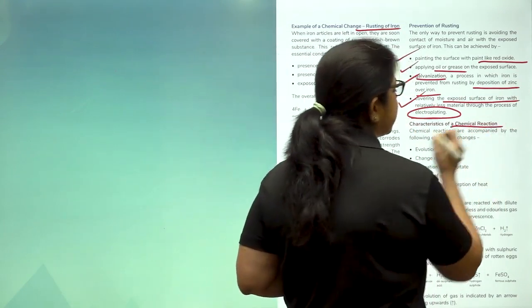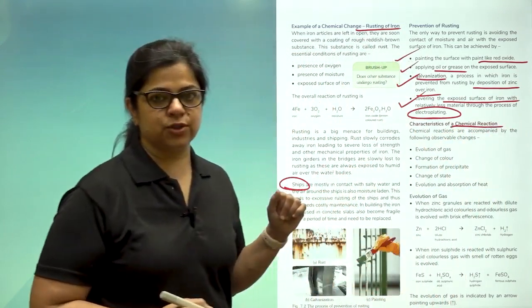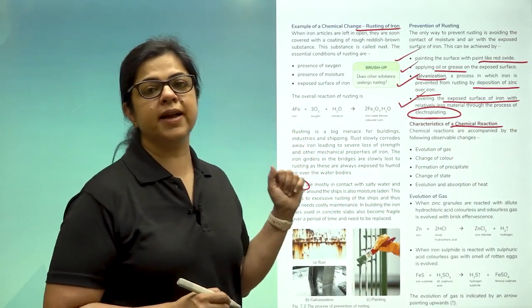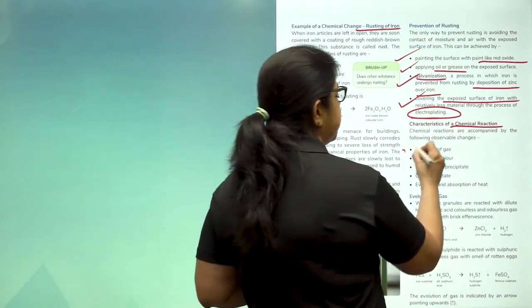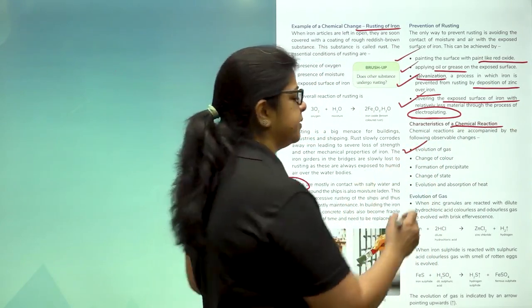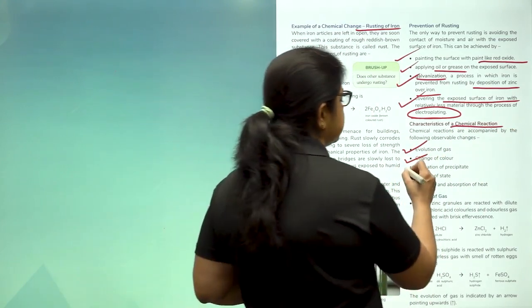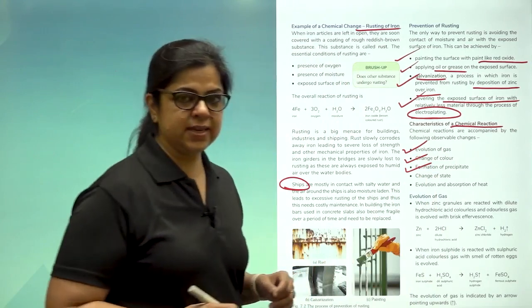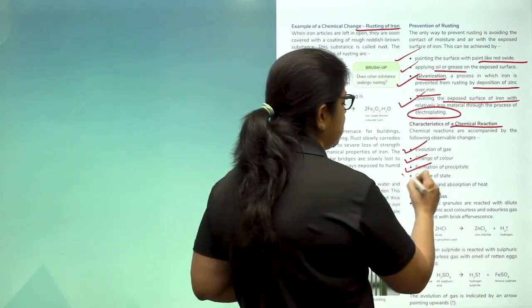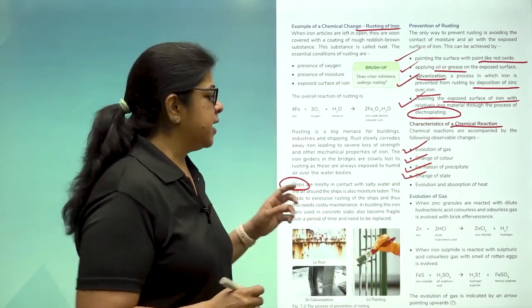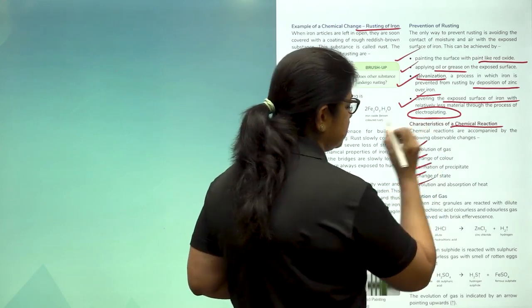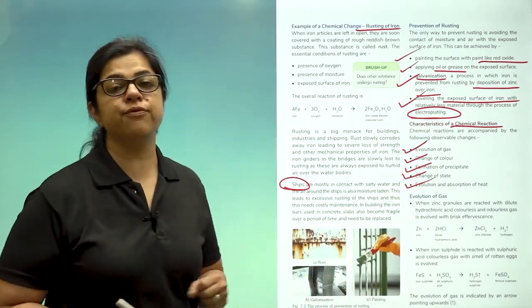Now children, what are the characteristics of a chemical reaction? When a chemical reaction takes place, number one, there is evolution of gas. Number two, there is change of color. Number three, there is formation of precipitate. There is a change of state, and there is evolution or absorption of heat.